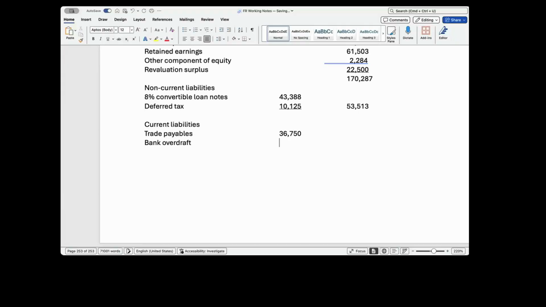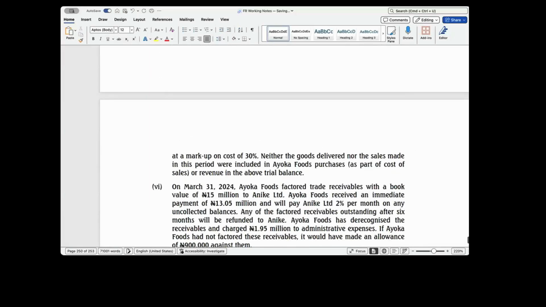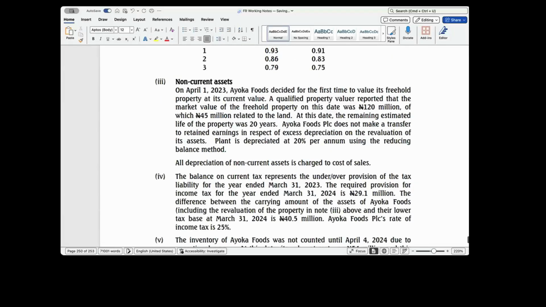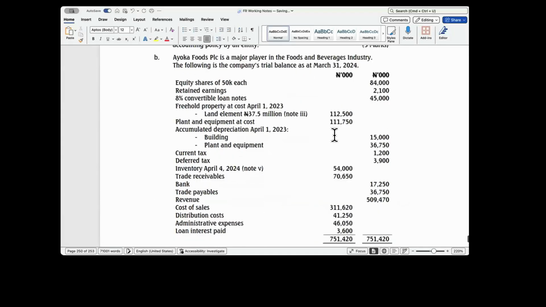There was a bank on the credit side, 17,250. And the current tax that we did, the one I said will go into the statement of financial position, 29,100.